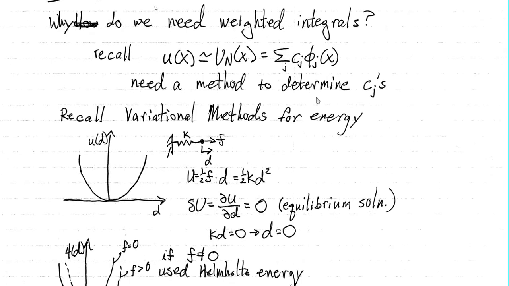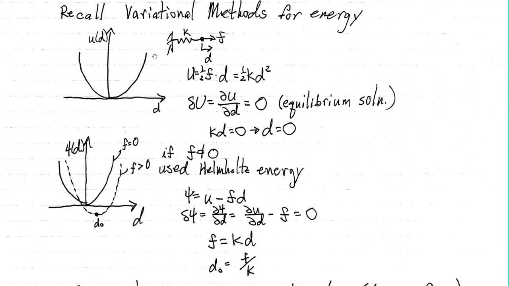So first off, before we even talk about this function, we need to also get a method to determine these unknown constants. So remember, we talked about variational methods, and we motivated this for a spring. We apply a force on the end, you get a displacement. If you think about internal energy, it's a quadratic function.